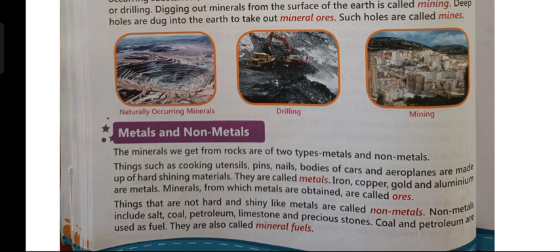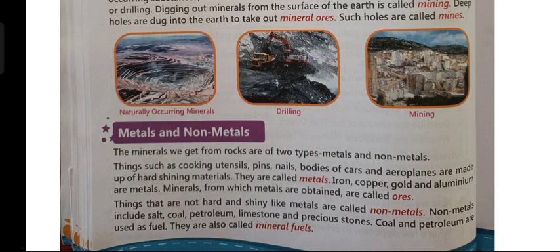So children, minerals which we get from the rocks are of two types. Minerals can be divided into two types, metals and non-metals. So what are metals? Things like cooking utensils. Utensil means bartan. So things like cooking utensil, pins, nails, body of cars, aeroplane, all these things children, they are made up of hard and shining materials.